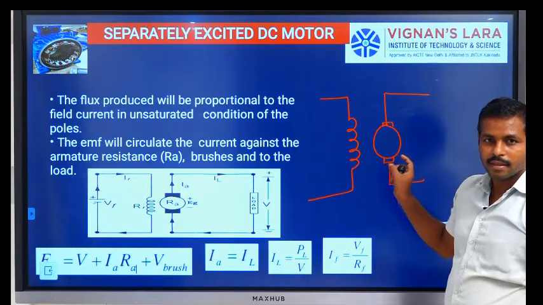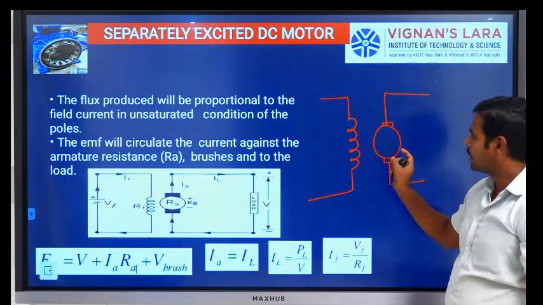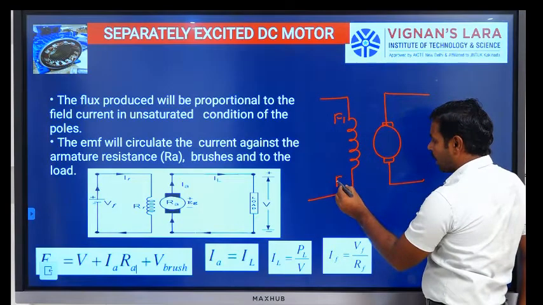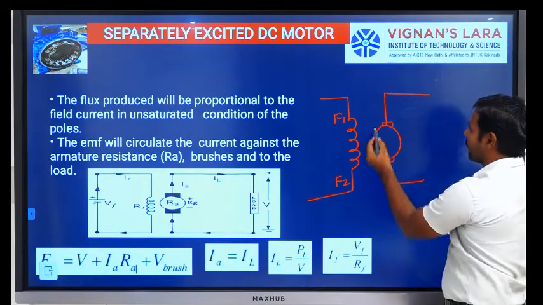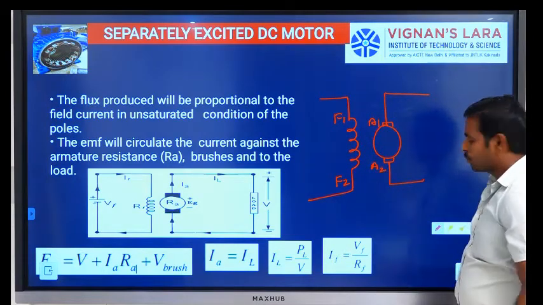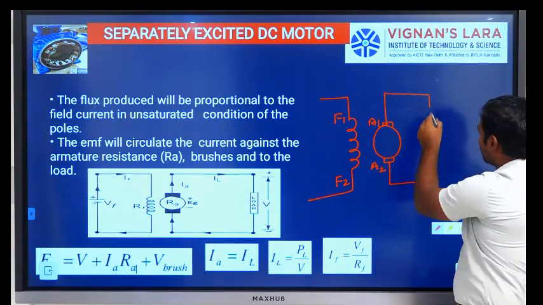This is the single line diagram of a generator, denoted by field terminals F1 and F2 and armature terminals A1 and A2. These two terminals are directly connected to the load.